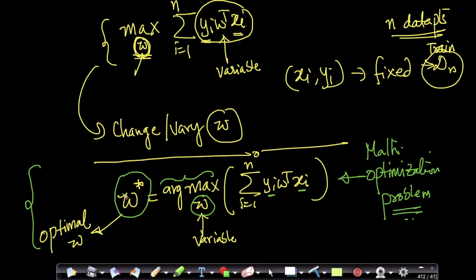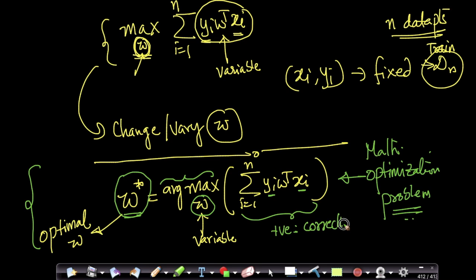Let me repeat it. Always read equations in sentences so that it will feel like poetry. It says that my optimal w, or the best w that I have, is that w which maximizes, argmax basically means that w that maximizes this value. And what is this value? This value is positive if you have correctly classified.